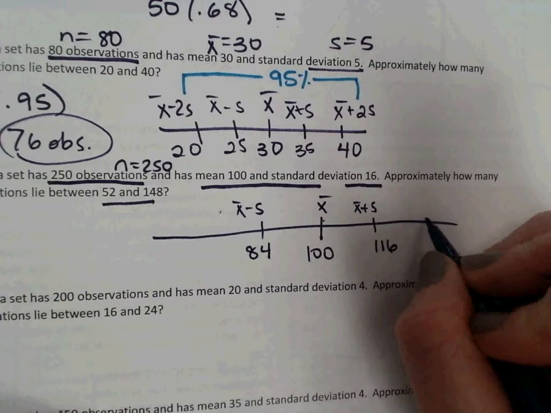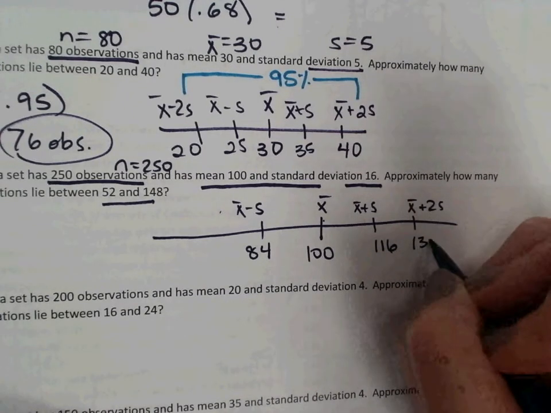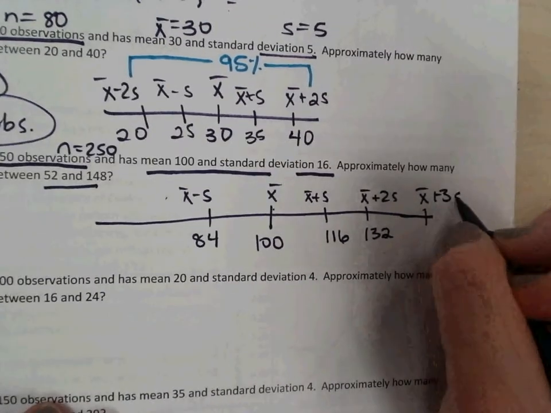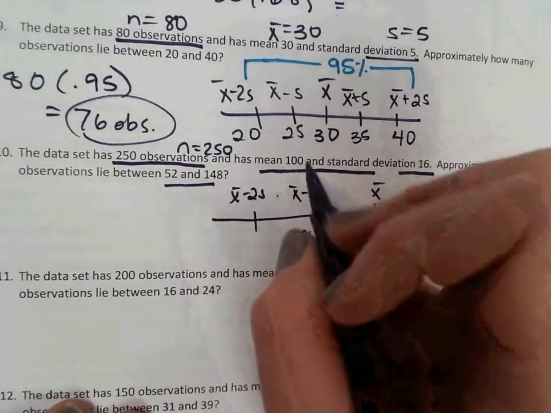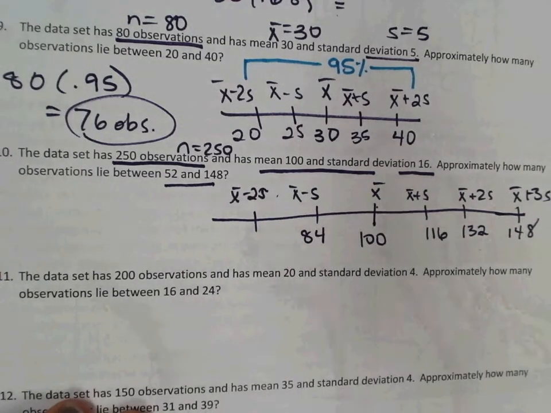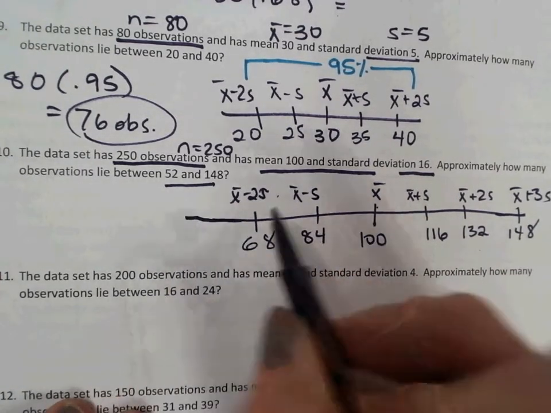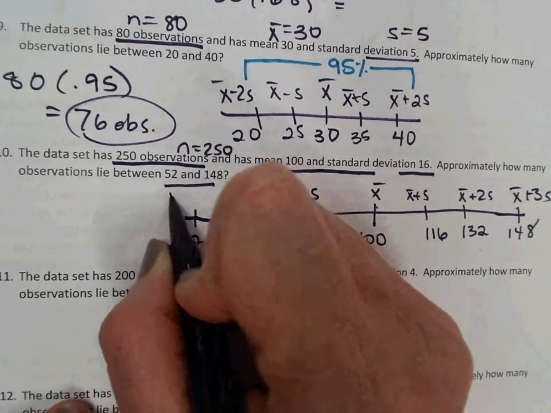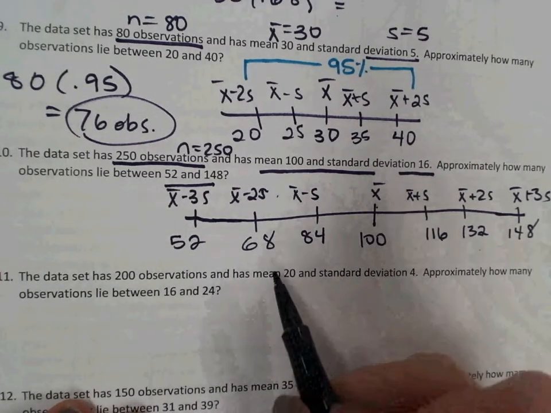Then 132, and x bar plus 3s gets us to 148. X bar minus 2s: we subtract 16 from 84 and get 68. Not there yet. If we subtract 16 one more time, we get 52. So that's 3 standard deviations from the mean.